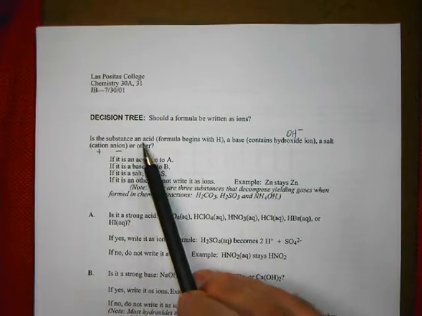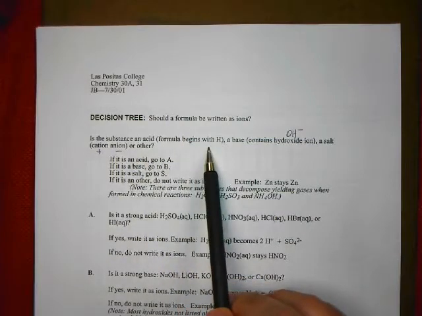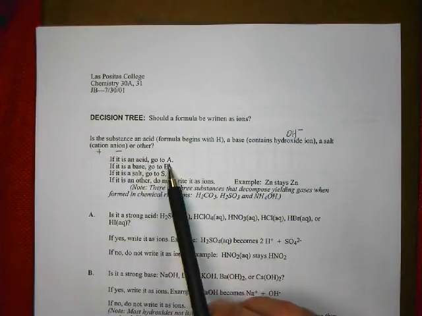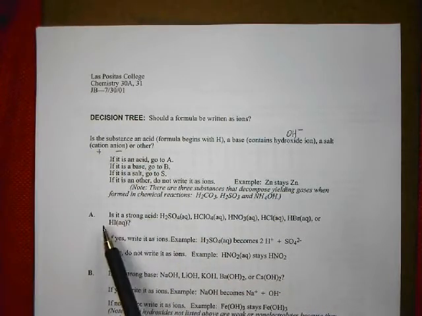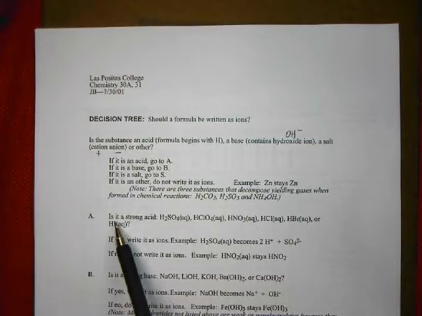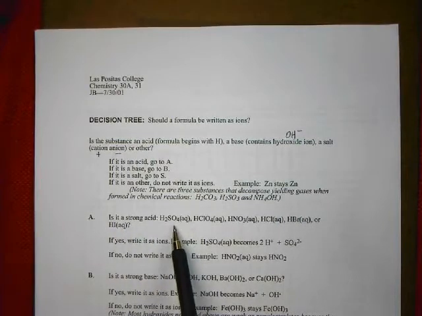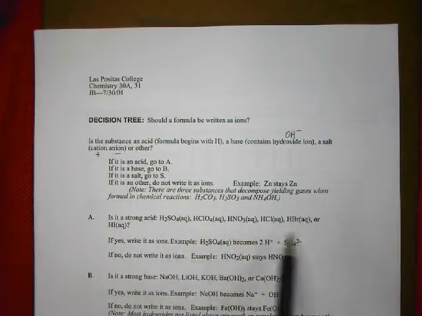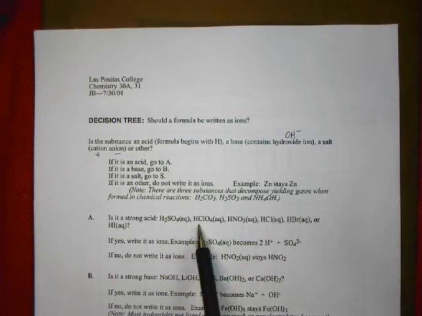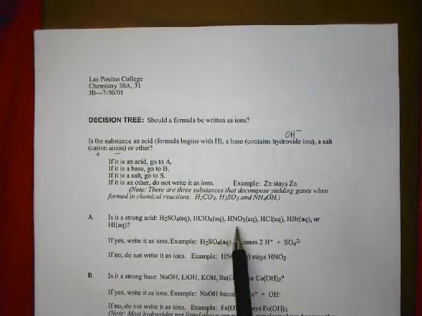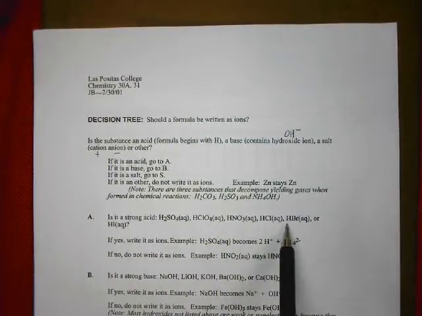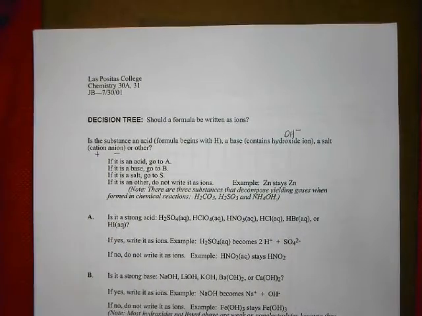So if we find out that our formula begins with an H, if it is an acid, we go to A on our decision tree. So right here is A. Is it a strong acid? And this worksheet lists the strong acids as sulfuric, chloric, perchloric acid, nitric acid, hydrochloric acid, hydrobromic acid, and hydroiodic acid.